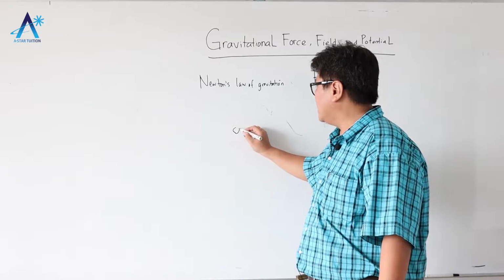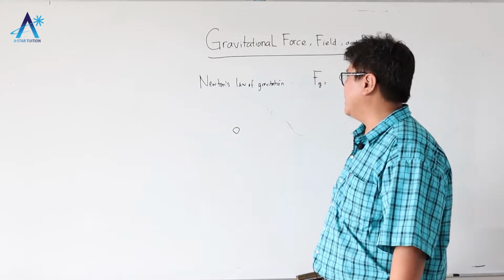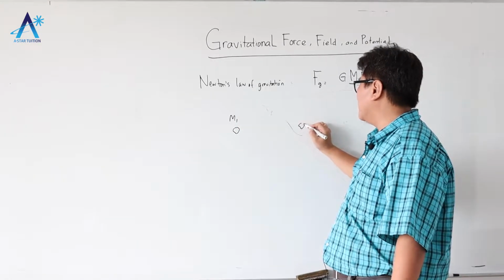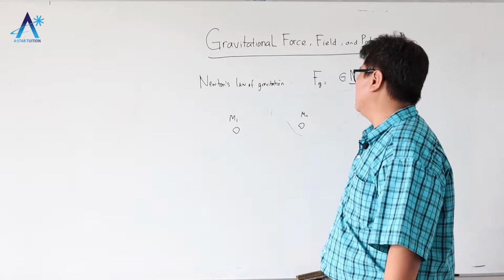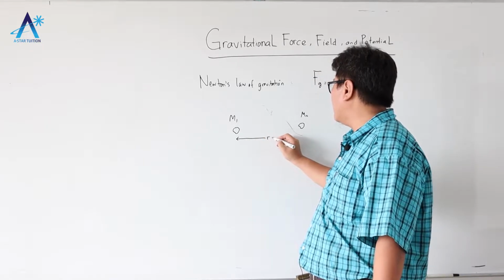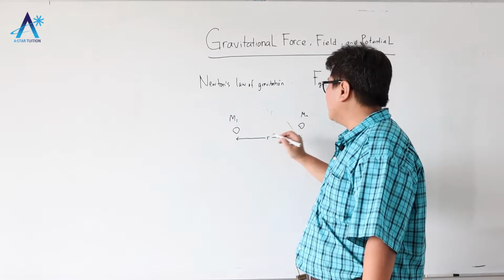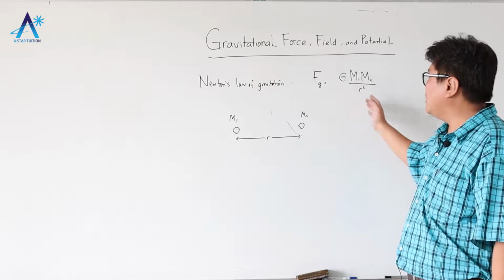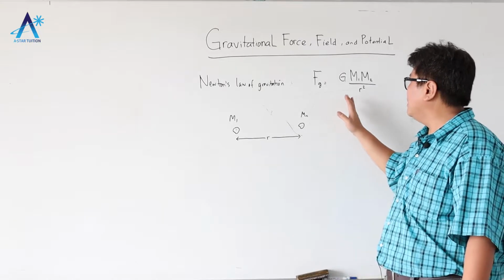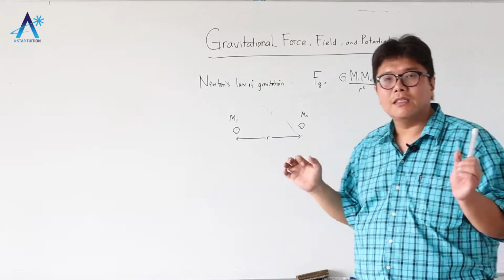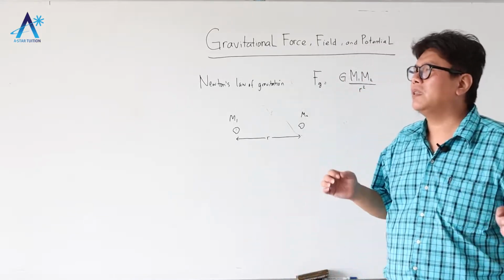So let's say that you have an object with mass m1, and another object with mass m2, and they are separated by a distance of r from center to center. Before I continue, I should also mention that this law is actually applicable to point particles. What does it mean by point particles?